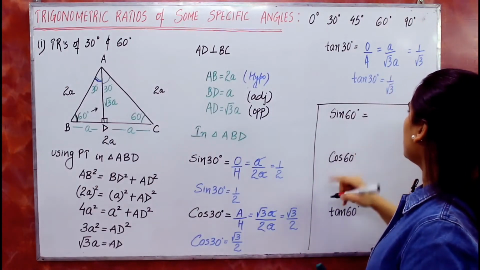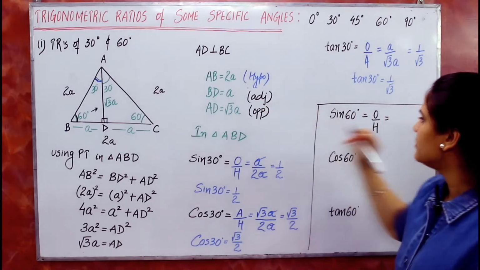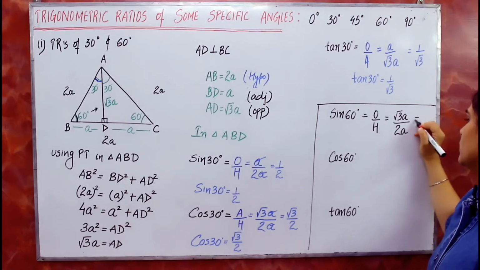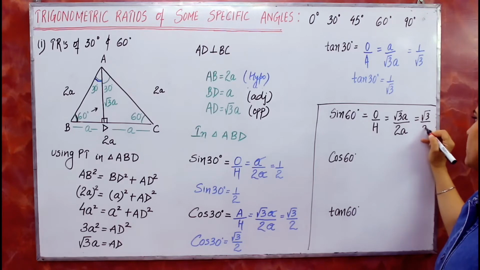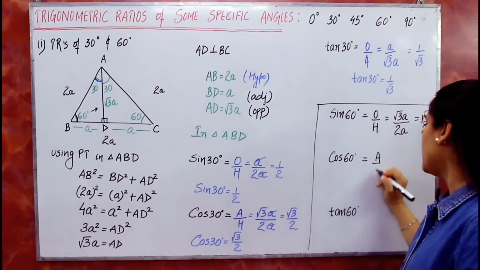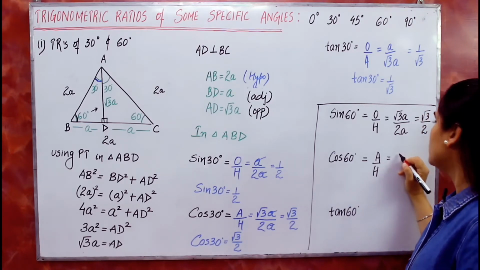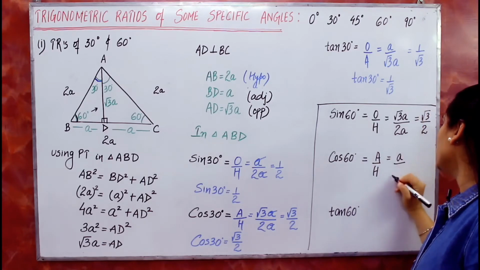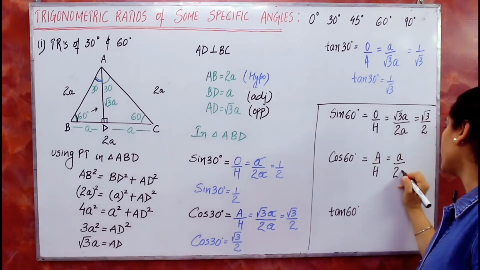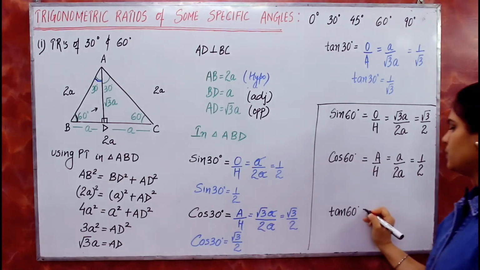Let's use the formula again. Sine is opposite upon hypotenuse. Opposite side root 3 a and hypotenuse 2a, so this will be root 3 upon 2. The formula for cos is adjacent upon hypotenuse. Adjacent side is a and hypotenuse is 2a. So cos 60 is equal to 1 by 2.